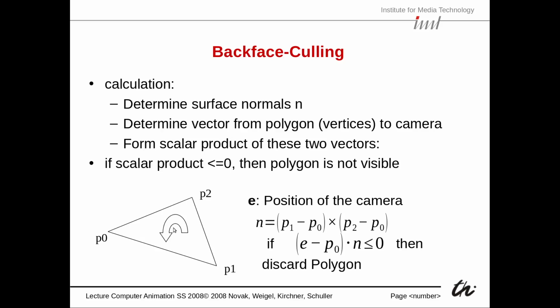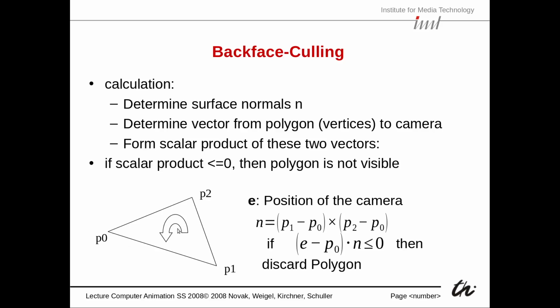a vector vertical on this triangle. And if this vector n is parallel to the vector between E, the position of the camera, and in this case the vertex P0, right?